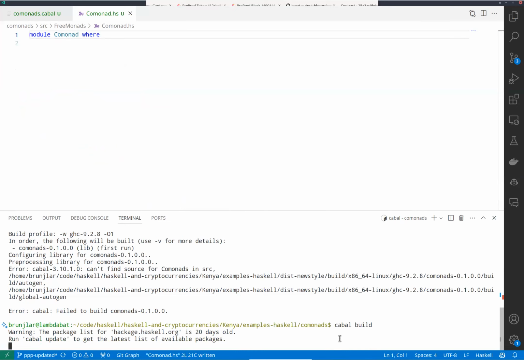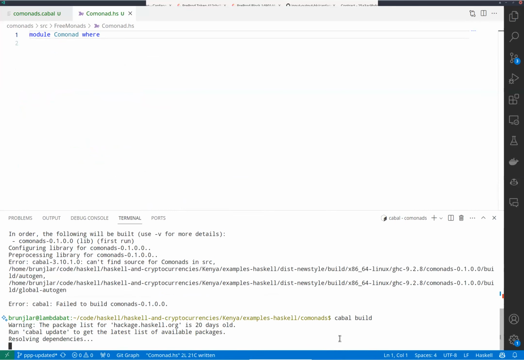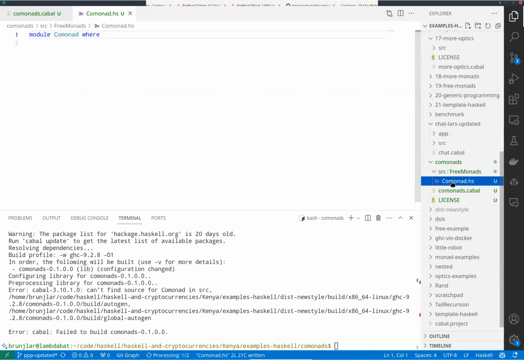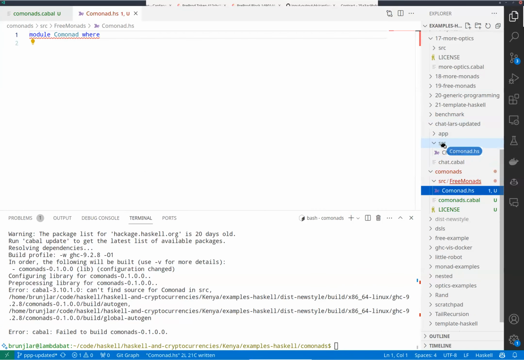Why can it take so long to just compile something that doesn't do anything? Anyway. Oh, okay, fine, it's the wrong folder.